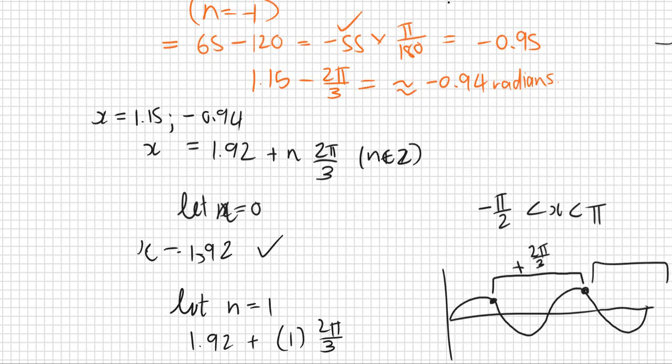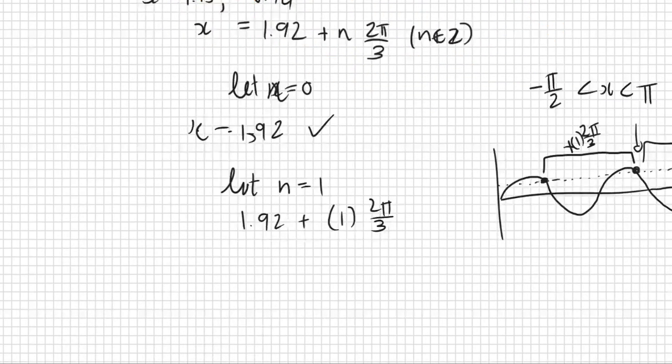At our y value, it's going to hit over and over again on the sine graph. So if we add 1 times 2 pi over 3 to that, we go too far. 1.92 plus 2 pi over 3 is about 4, which is more than pi.